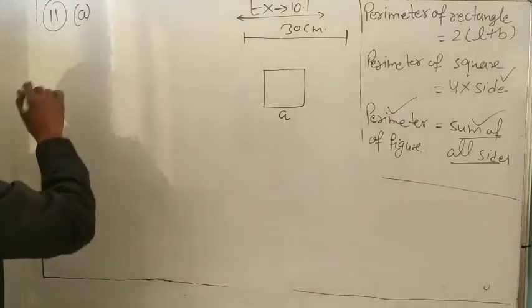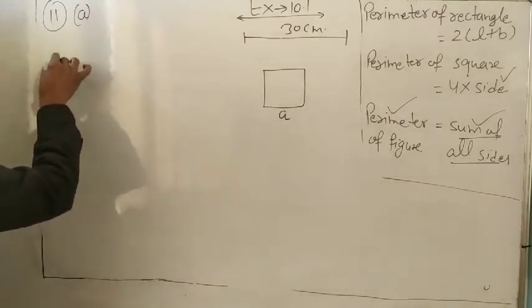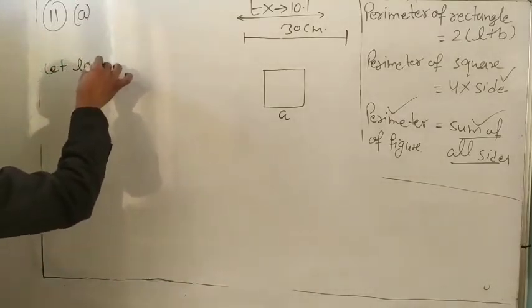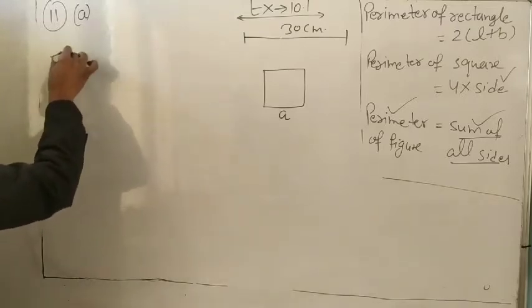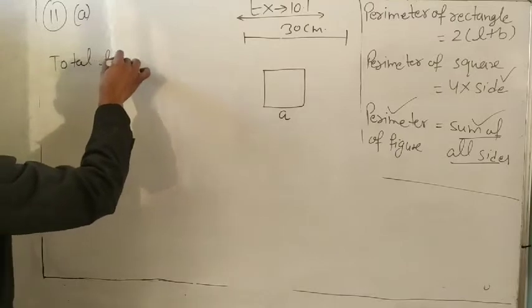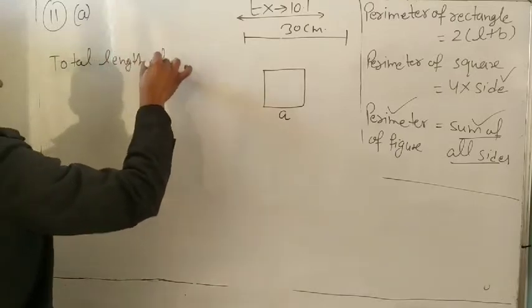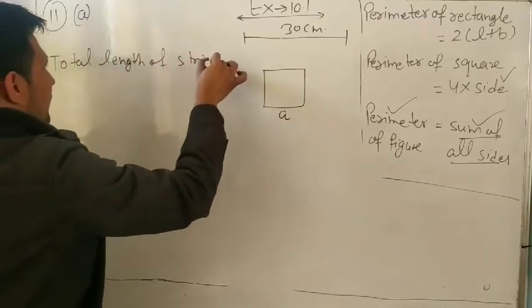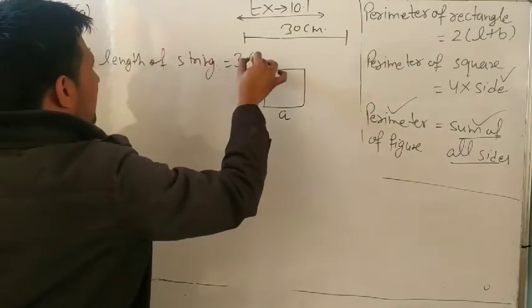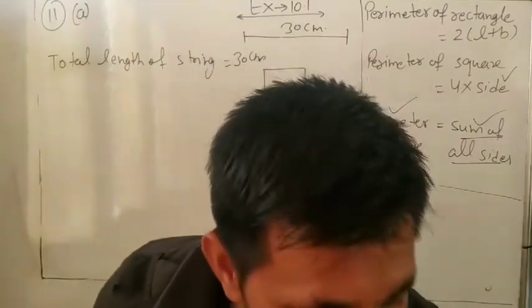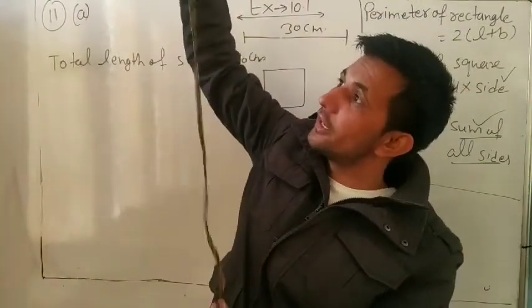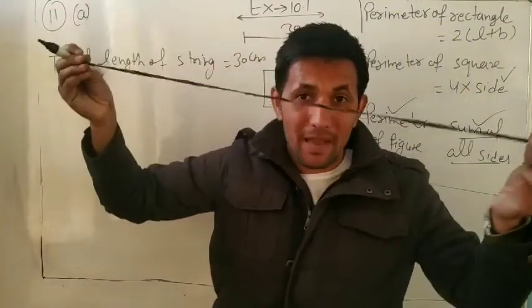What is the length of the side? We have to find the length. So first we will write the total length of string. How much? 30 centimeter. And tell me, using this string, you know this is a string, so it means it is its perimeter or not?